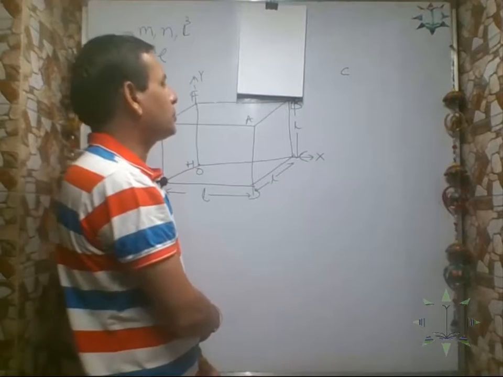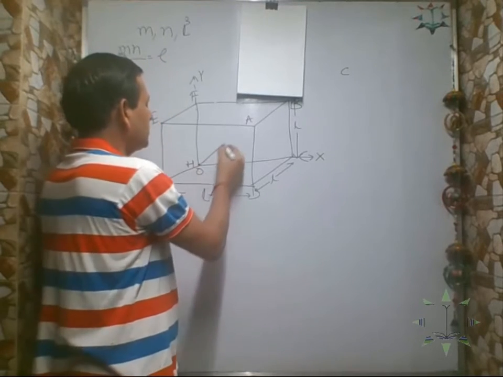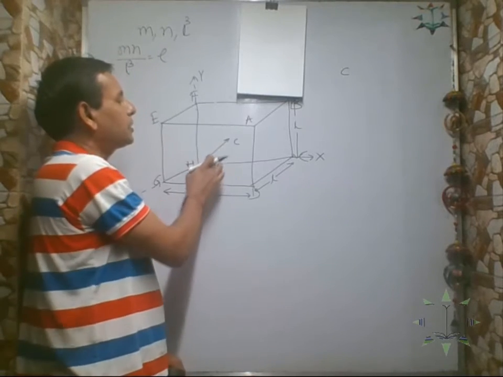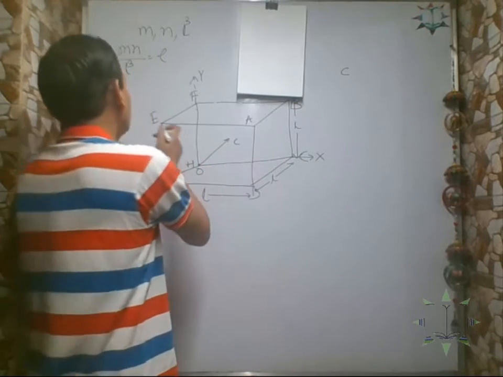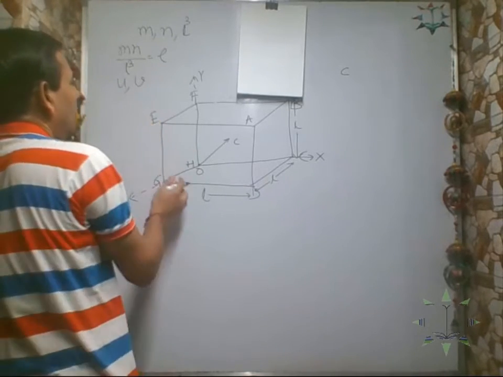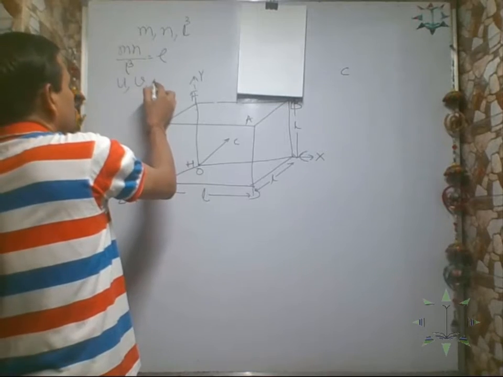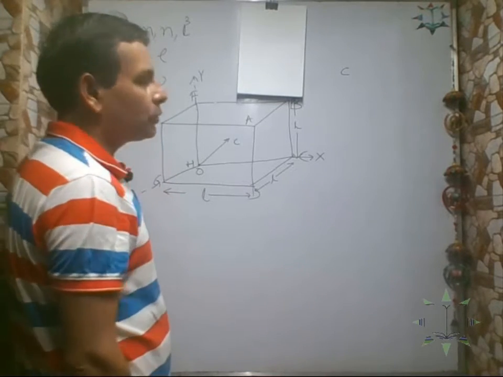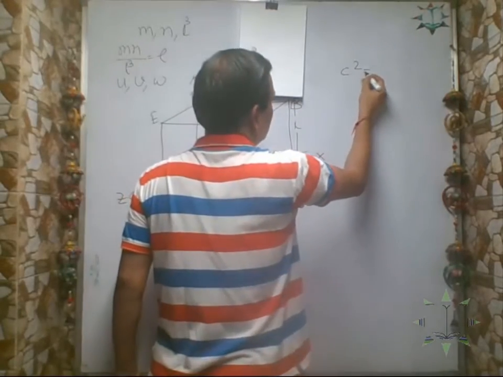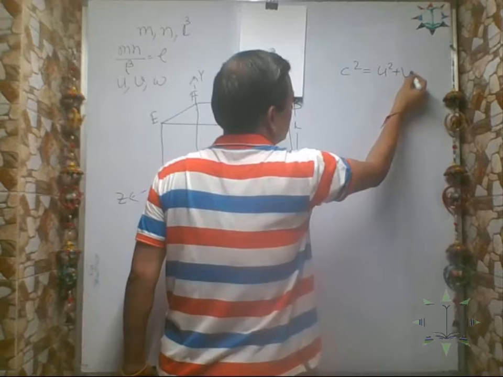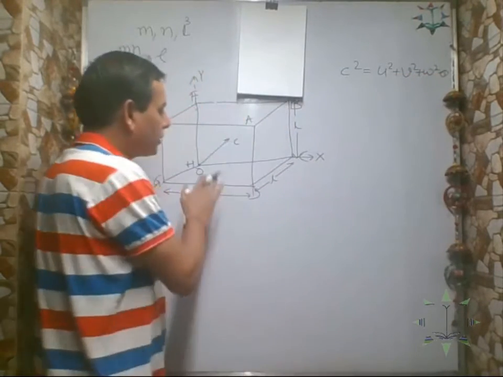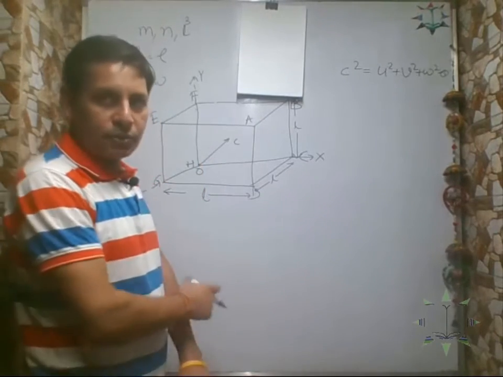So c is the velocity of the gas molecule, and the velocity c will have three components. Along the x-axis the component is u, along the y-axis the component is v, and along the z-axis the component is w. From vectors we know that c square, the modulus, will be u square plus v square plus w square. So along the x-axis it is moving with a velocity u.